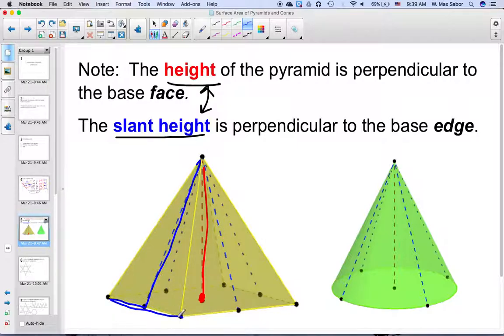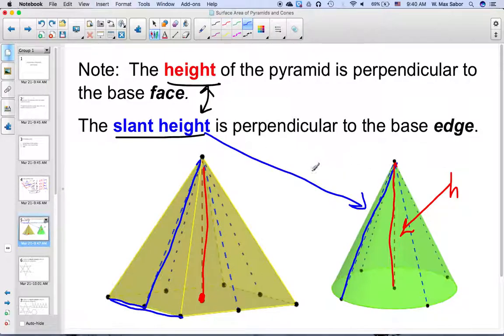That's the difference, and this is the case whether you're talking about a cone or a pyramid. It works for all pyramids. So that is the height, and this is the slant height. We will refer to the slant height with the letter L, because of the L in slant. The letter S is used for enough things already. So the slant height is L.